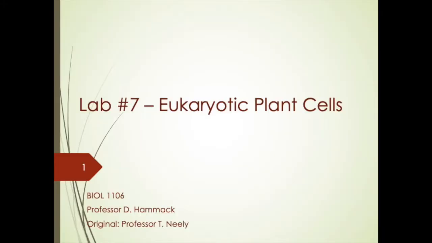We're going to be talking about eukaryotic plant cells. Really quick, let me go over what you'll be doing for the lab assignment. Pretty much the same thing that I talked about last time for lab 6. You can go over everything but the wet slides.